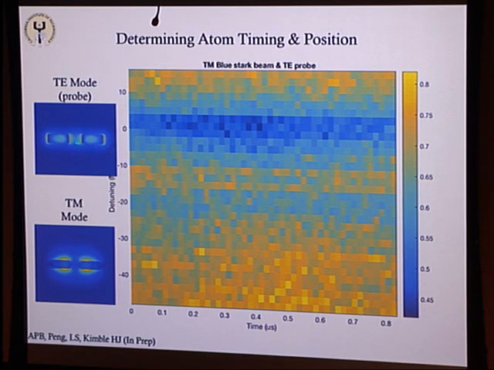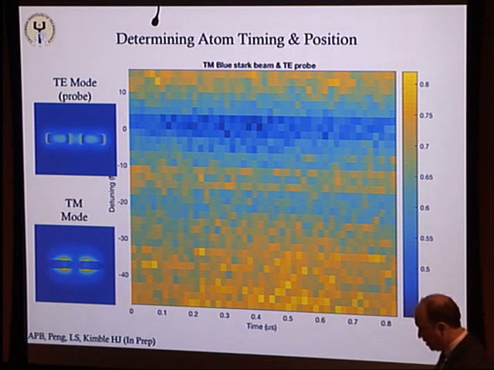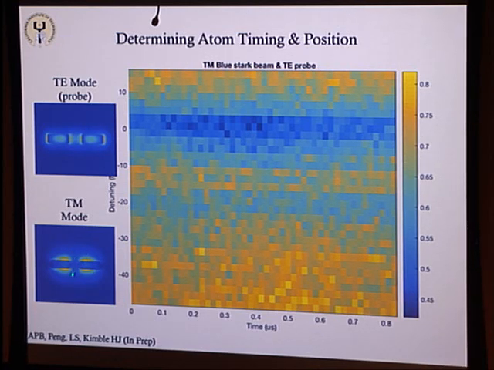So here's a spectrum where we still have this TM mode that's separating out these classes of atoms, and we're now probing the center of the structure. What you could imagine is going to happen is that the atoms that pass through the center are going to have to pass through this region of high intensity for this TM, Stark shifting beam.